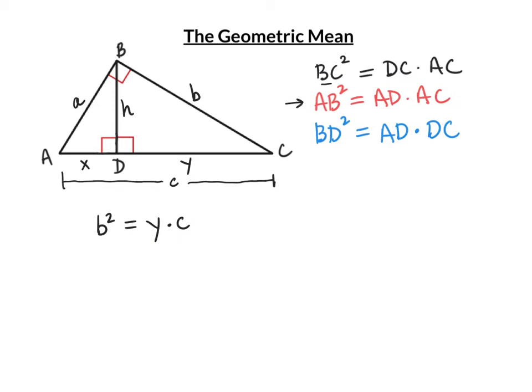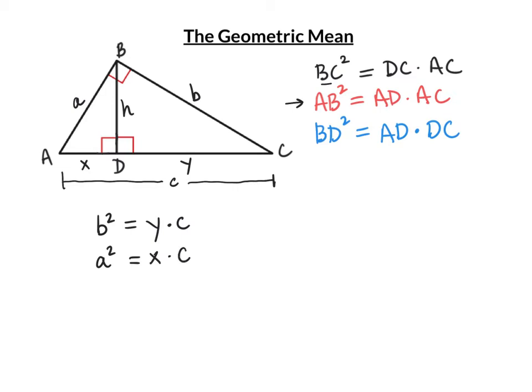Look at the second statement. AB squared, that's a squared, equals AD, notice that's x, times AC, and AC again is the hypotenuse of the big triangle, triangle ABC, it's little c.